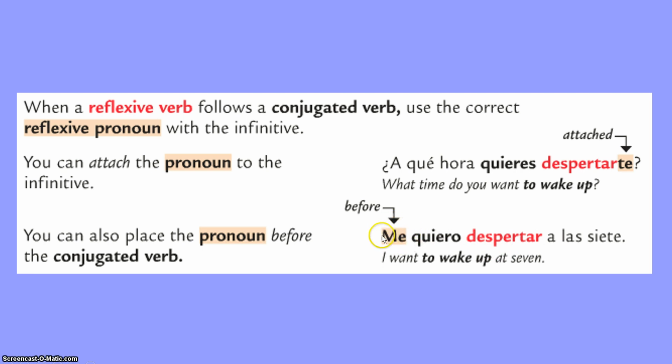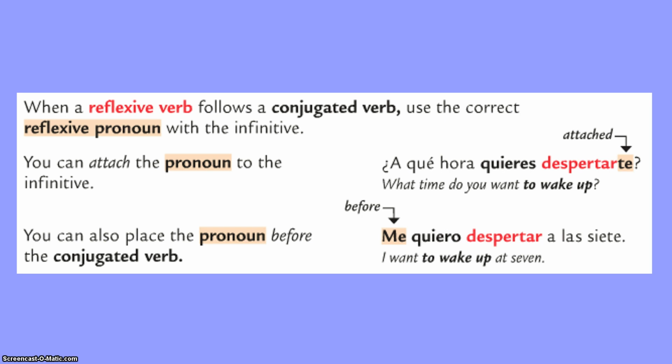I knew that I was talking about how I wake up at 7 because quiero is in the yo form, so I made my reflexive pronoun agree and say me. It does have to go out in front though. Nothing can go in between here. Nothing. This is like a peanut butter and jelly sandwich. Nothing's going in between here, okay? So the me can go way out in front, before the conjugated verb.